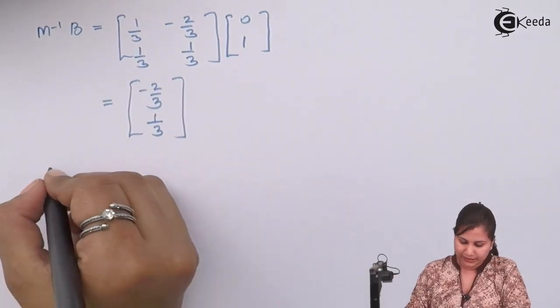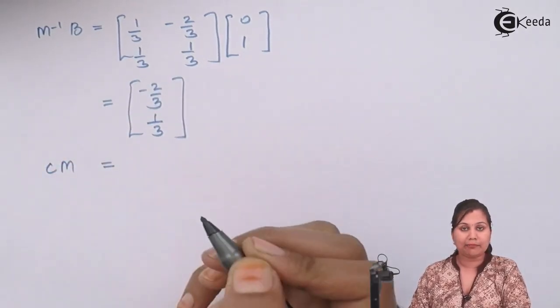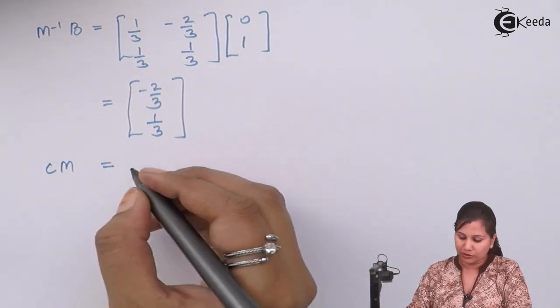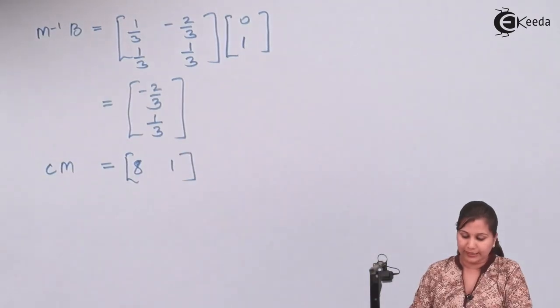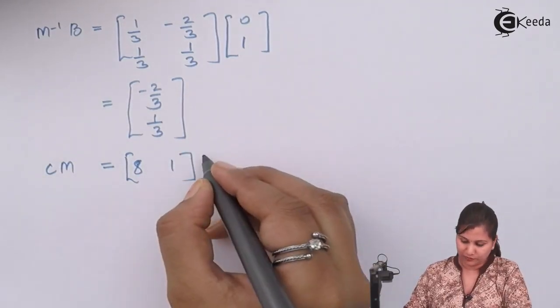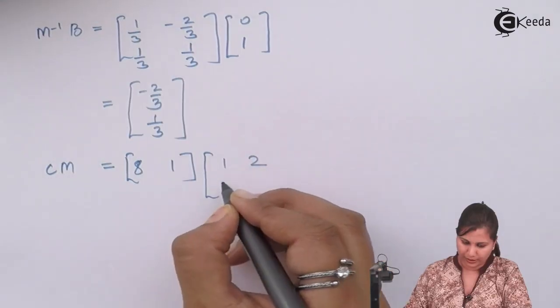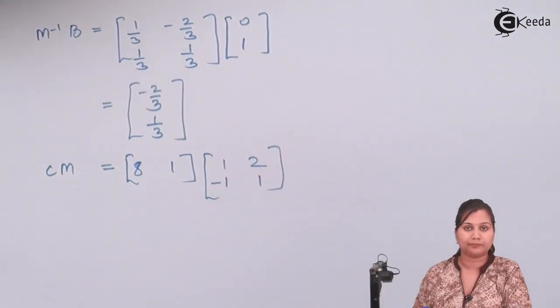Then we will calculate CM. C matrix is also given to us in the question. It is 8 and 1, and M is our modal matrix which we have obtained, that is 1, 2 and minus 1 and 1.